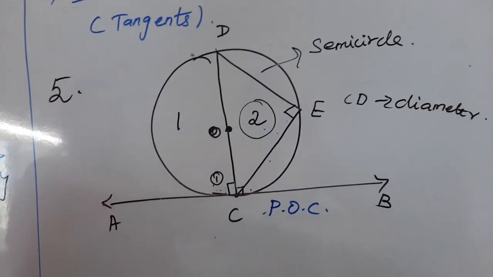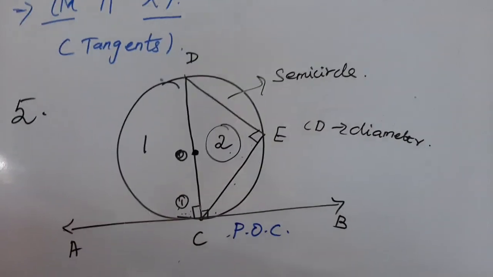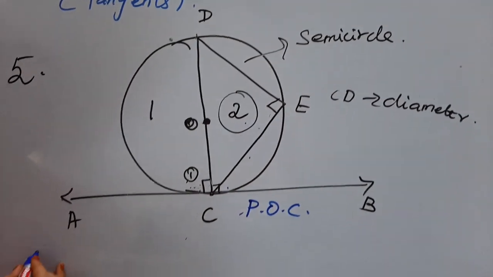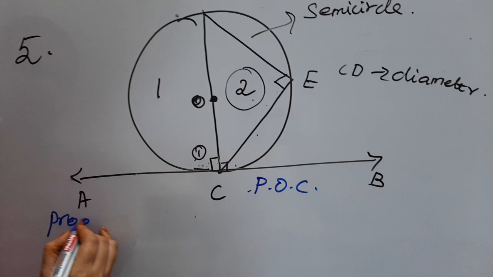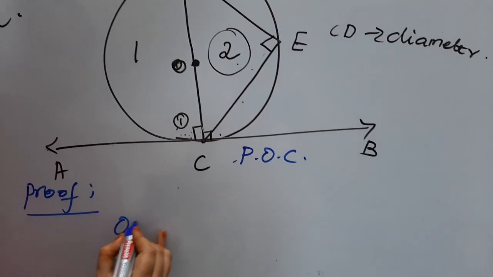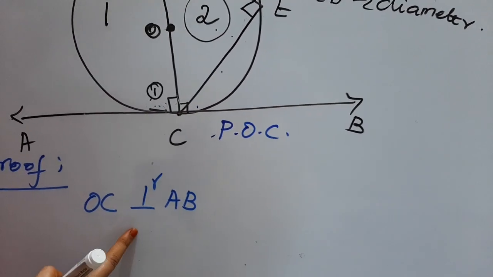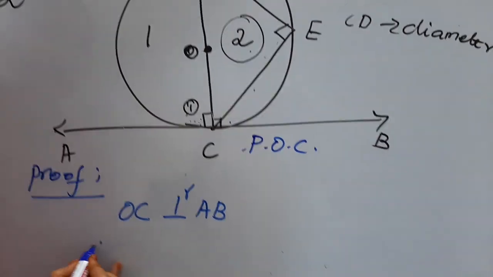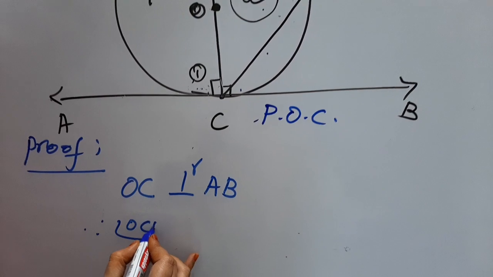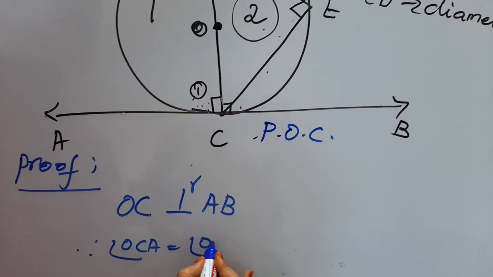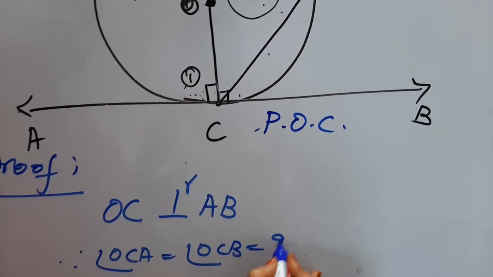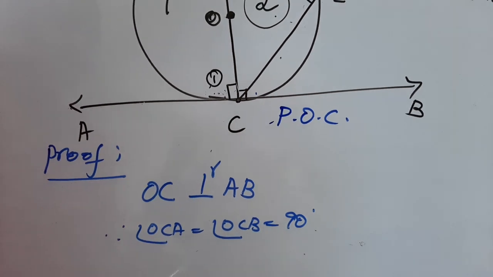So let me teach you how to write this sum. First what we did is, we have drawn OC perpendicular to AB because they asked us to do so. Therefore, angle OCA is equal to angle OCB is equal to 90 degrees. That is given in the question itself.